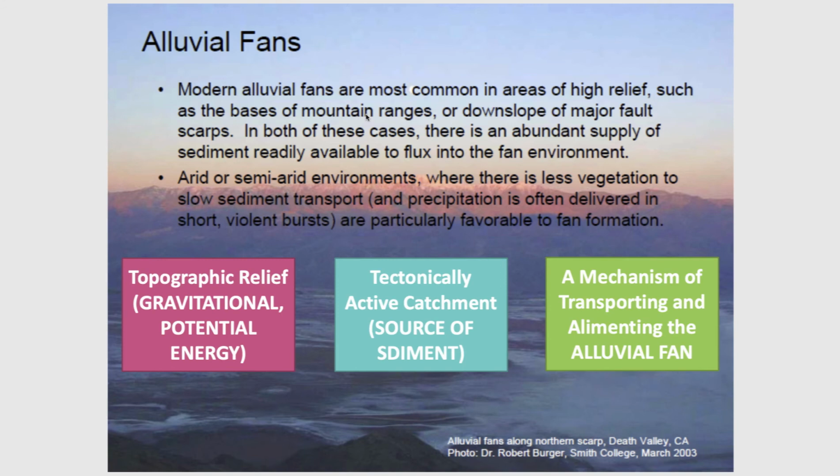Certainly topographic relief, so a mountain range, because of the gravitational energy. Gravity is a key factor here, and you have major slopes on those mountain ranges, which help with the transfer of sediment.